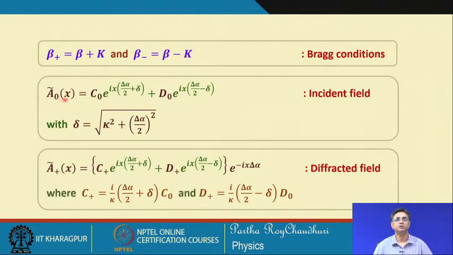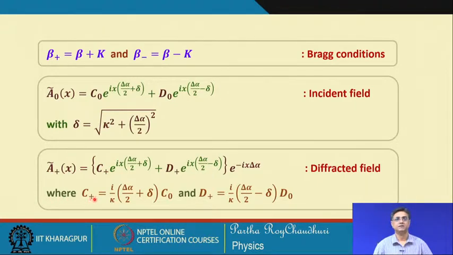Now, this equation we left here, that A 0 of x, the amplitude of the undiffracted or incident beam, is given by this, where delta was equal to the square root of kappa square plus delta alpha by 2 square. A plus was given by a similar equation, C 0 was here, C plus, D 0 is here, D plus, and then you have a factor of e to the power of i x delta alpha.